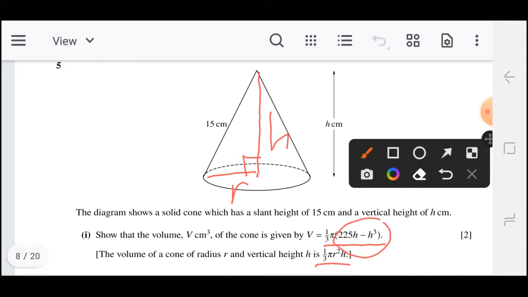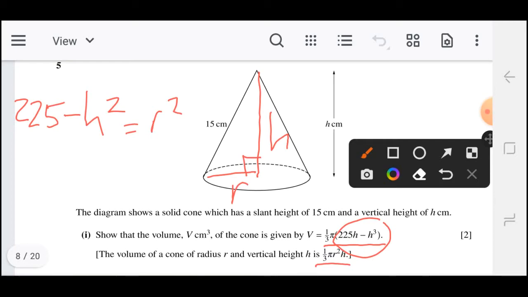What they've just done is take 15 squared, which is 225, and subtract h squared to get r squared, which is completely correct according to Pythagoras.